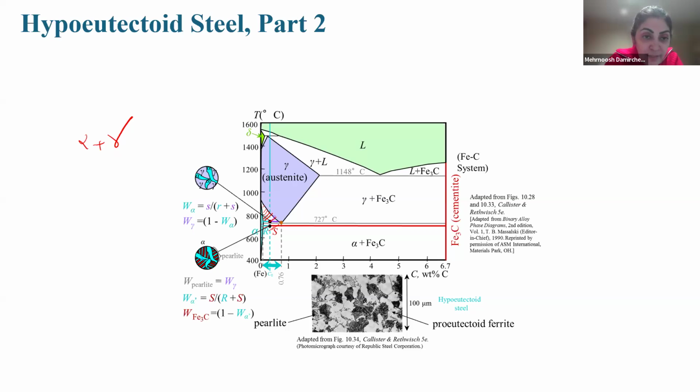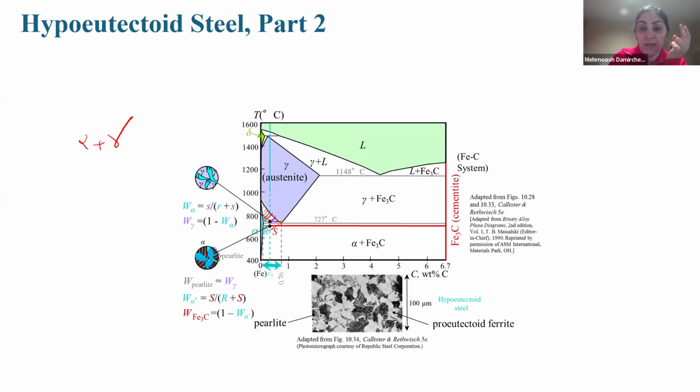This blue grain that I show again here, they are not perlite alpha. They are proeutectoid ferrite. Okay, so here we have perlite that equals W gamma, and we have alpha that includes two alphas. One alpha is proeutectoid alpha or ferrite.